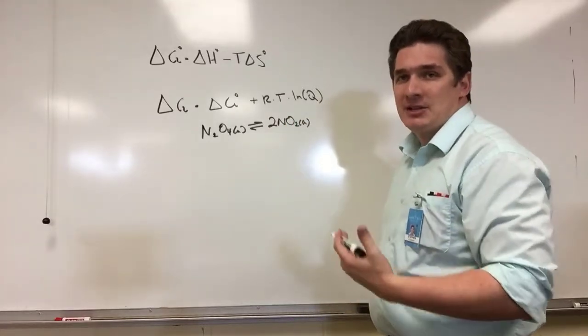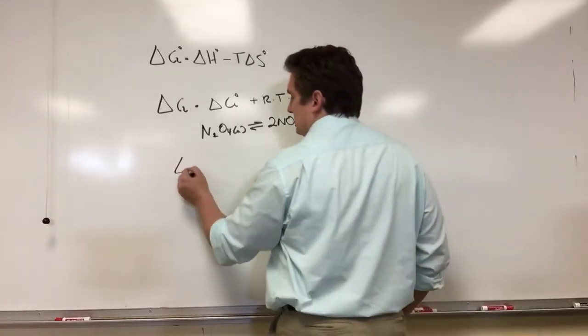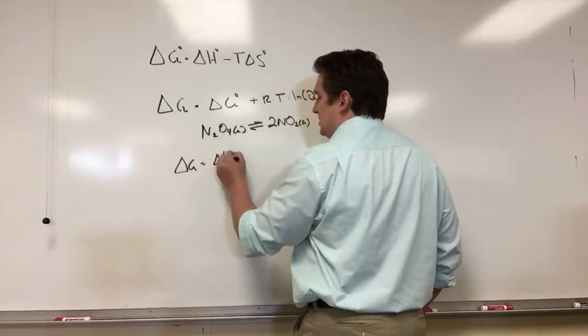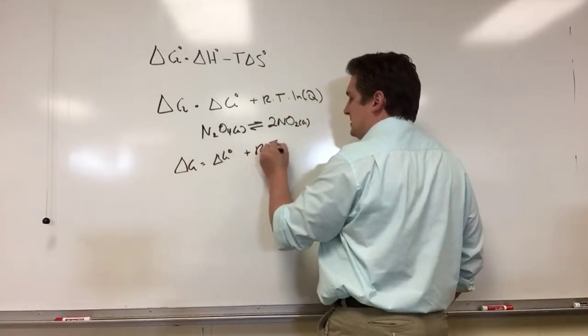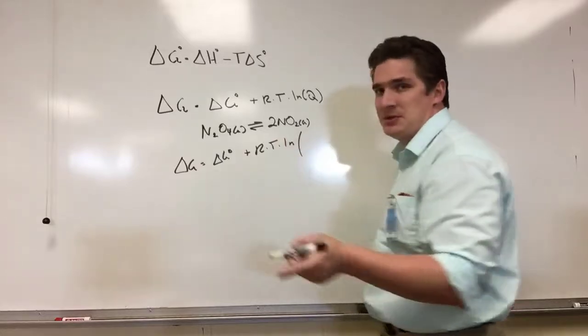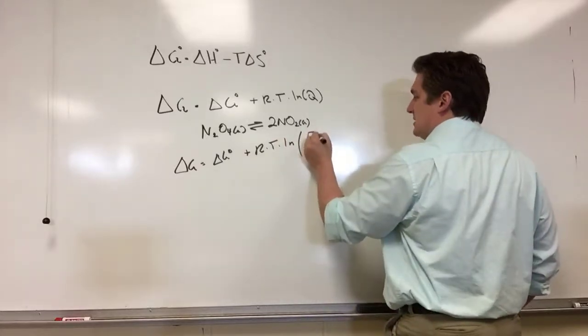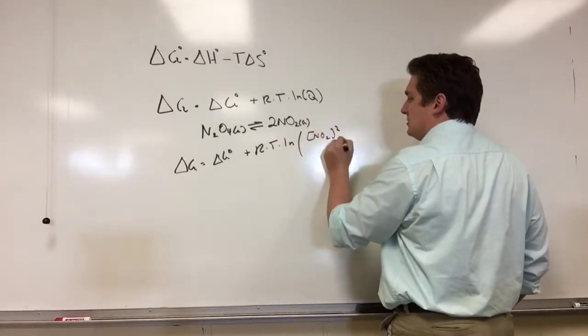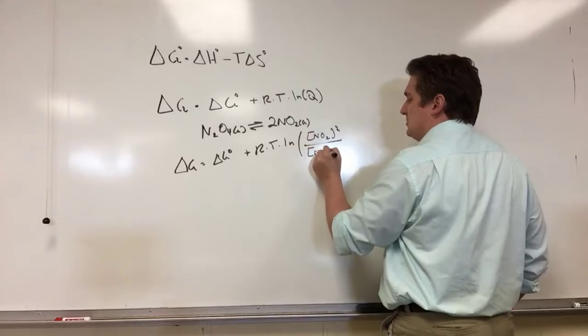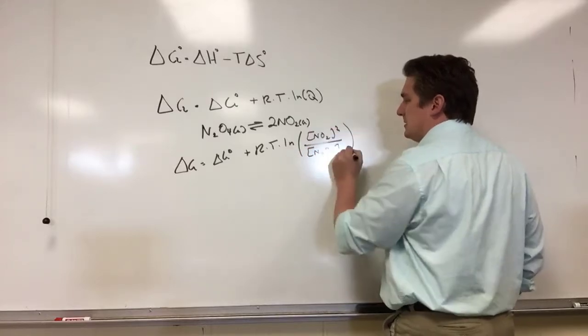So for this reaction, the delta G is the delta G naught plus R times T times the natural log of Q, which in this case is the concentration of NO2 gas squared over the concentration of N2O4 gas.